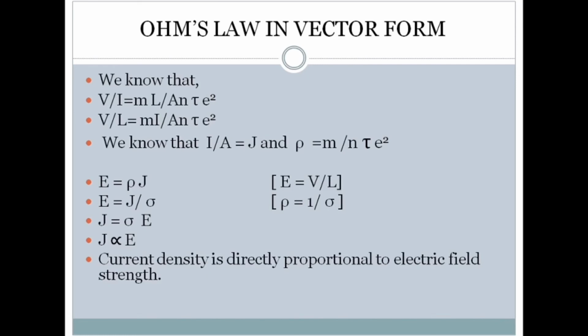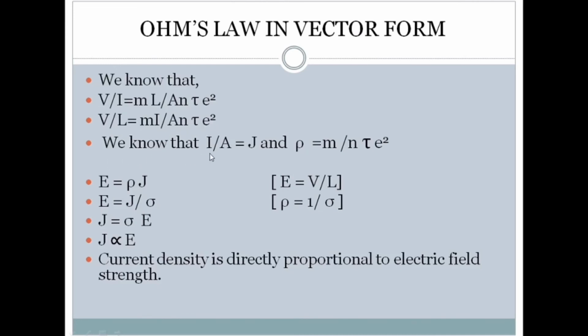This expression we have derived in derivation of Ohm's law. Now transposing L to the left hand side and I to the right hand side, we will get V upon L is equal to mI upon A n e squared τ.